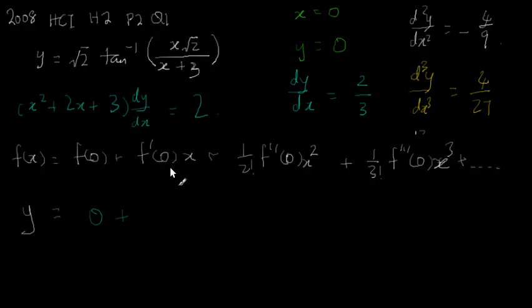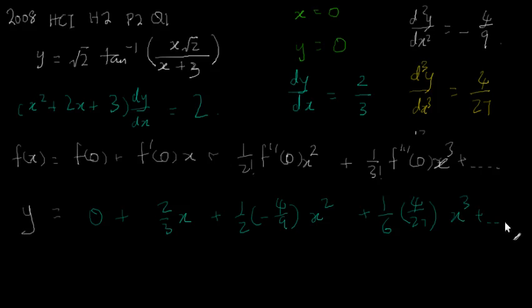So f(0) is 0. f prime(0), the first derivative, is 2/3. This f double prime would be the second derivative, which is minus 4/9, plus 1/2 times minus 4/9, plus that's 1/6 f third derivative, that would be this 4/27 x cubed plus dot dot dot.